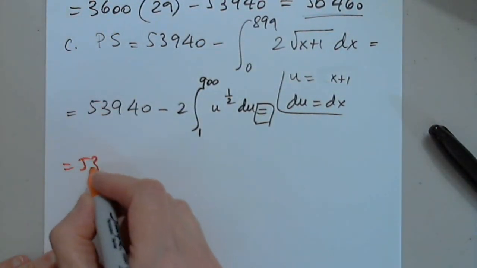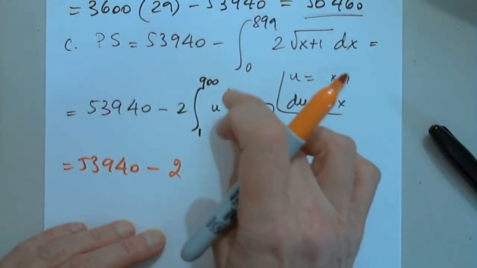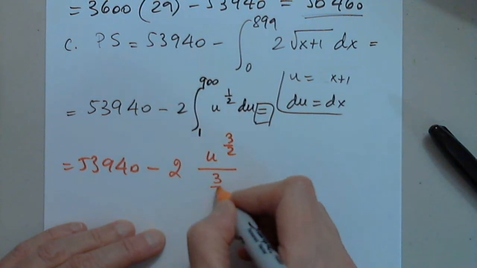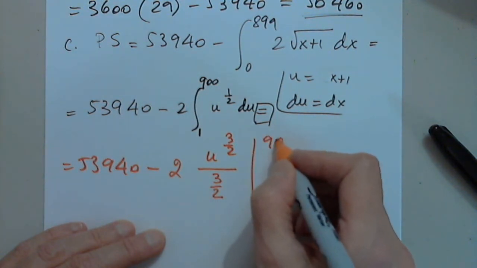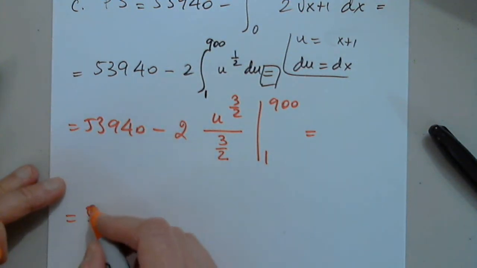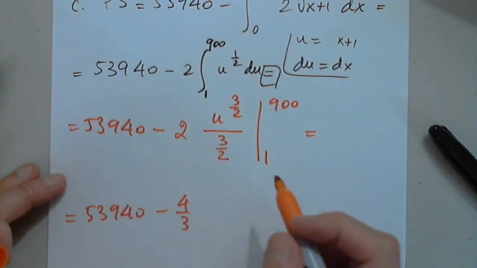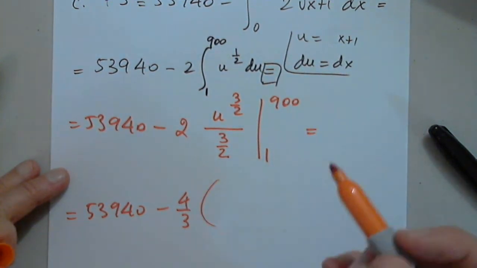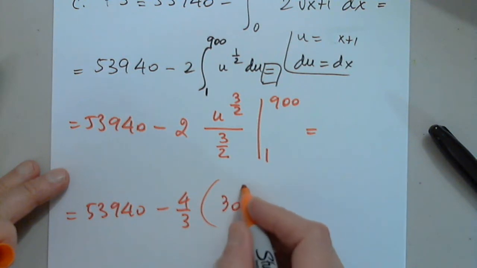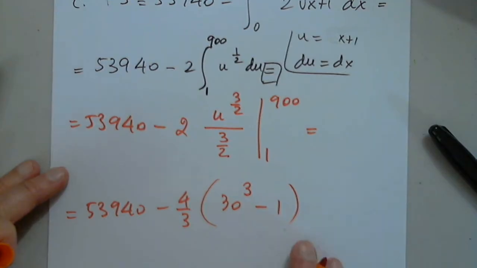So 53940 minus 2 times u to the 1/2 plus 1, which is u to the 3/2 over 3/2, from 1 to 900. So 53940, I flip this, minus 4/3, and the square root of 900 is 30, so 30 to the 3rd power minus 1. When I plug in 1, it is 1.